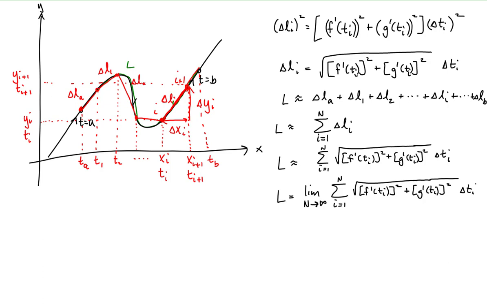Well, the limit as n goes to infinity of our sum of these line segments from the first segment to the nth segment equals the definite integral from a to b of the square root of the sum of the squares of the derivatives of our functions with respect to the parameter t. This will give us the value for the length of our line between points a and b.